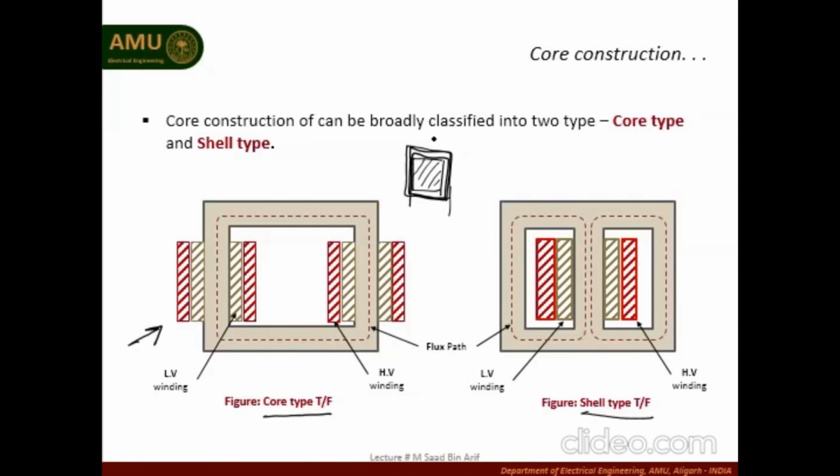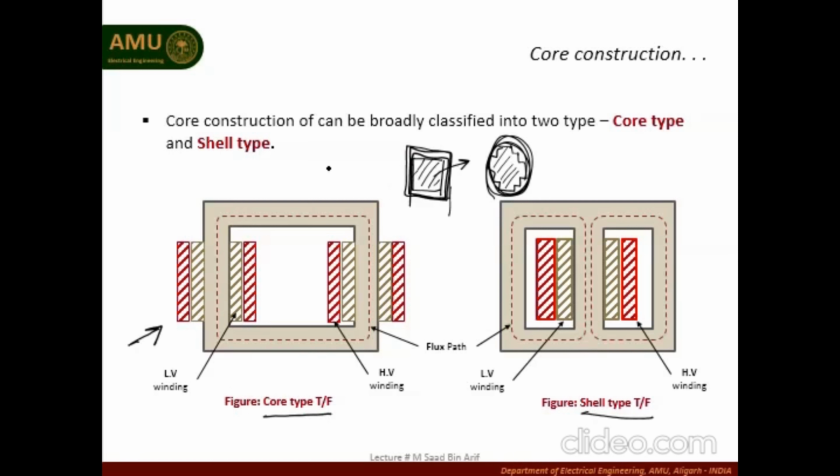So in order to avoid that bending stress at the corner, what we will do is modify the cross section of the core and try to make it much closer to the circular shape like this, so that we can easily wrap the winding across the core. This will reduce the stress on the winding conductors.